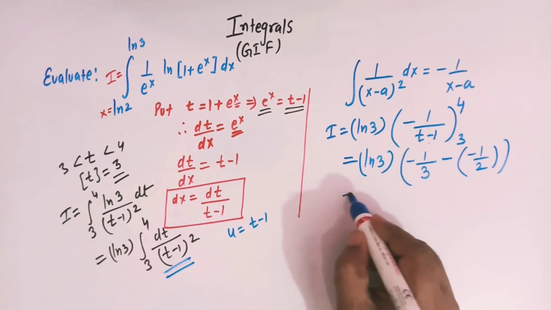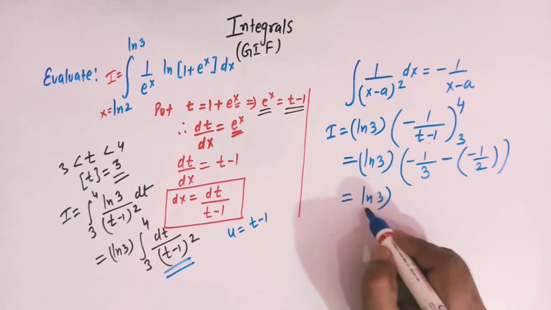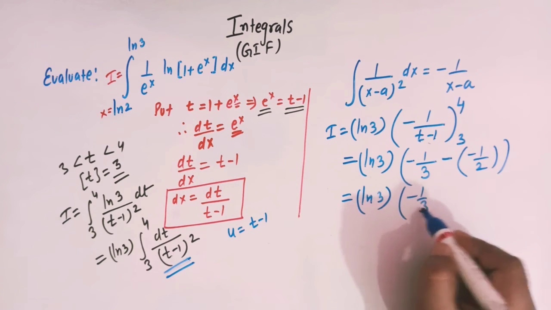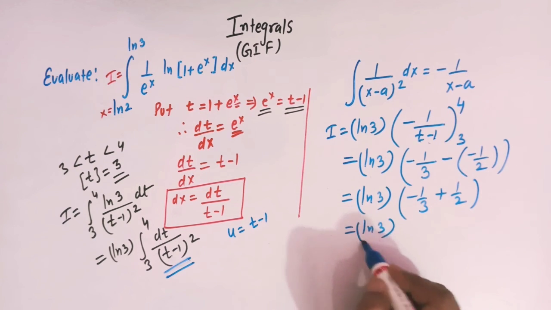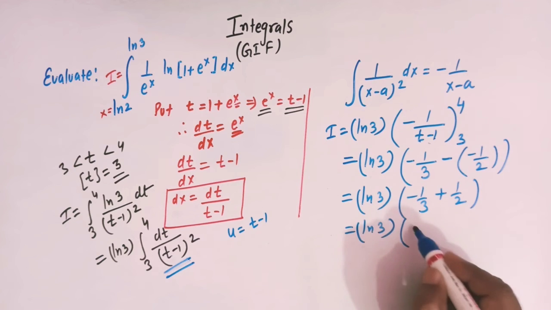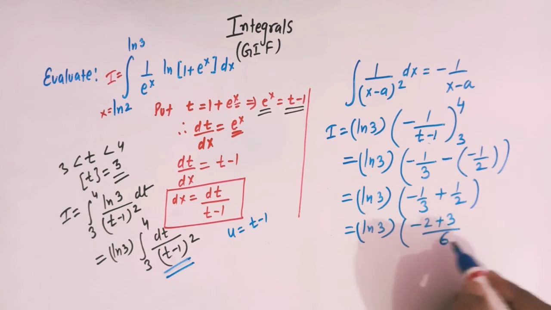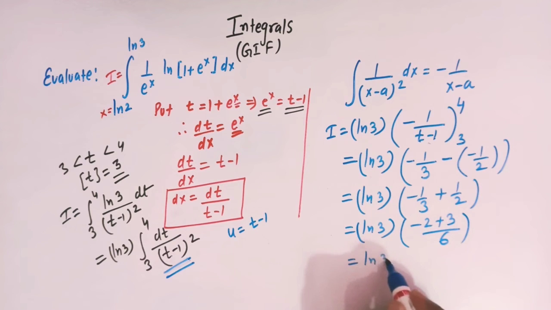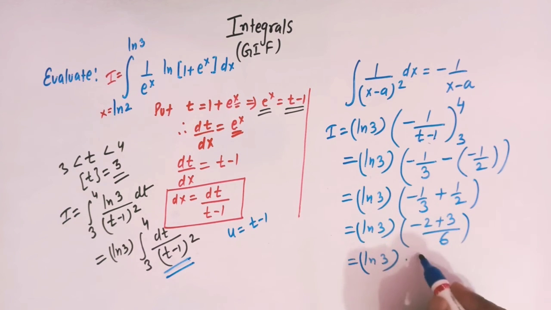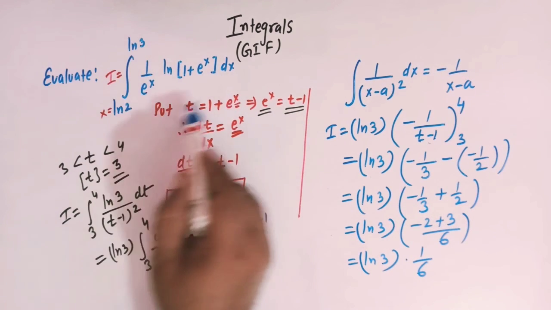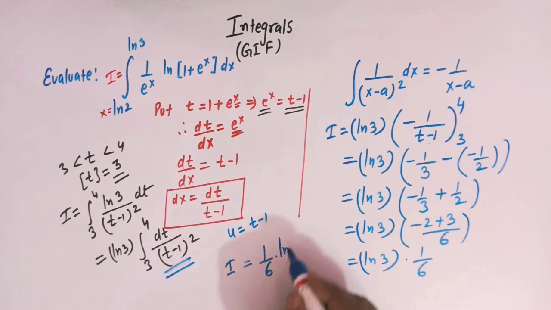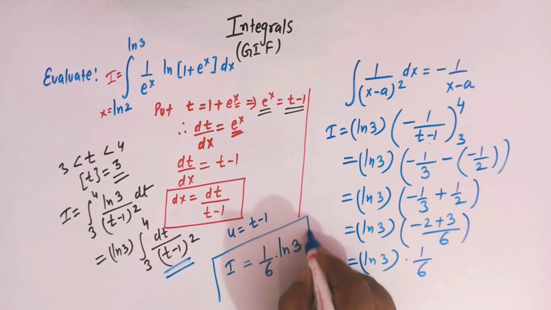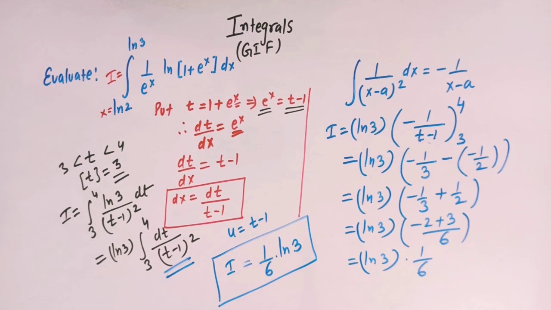Now we simplify: ln 3 times minus 1 over 3 plus half, which gives minus 2 plus 3 over 6, that is ln 3 times 1 over 6. So the value of this integral is equal to 1 over 6 times ln 3. So this is how we solve this type of problem.